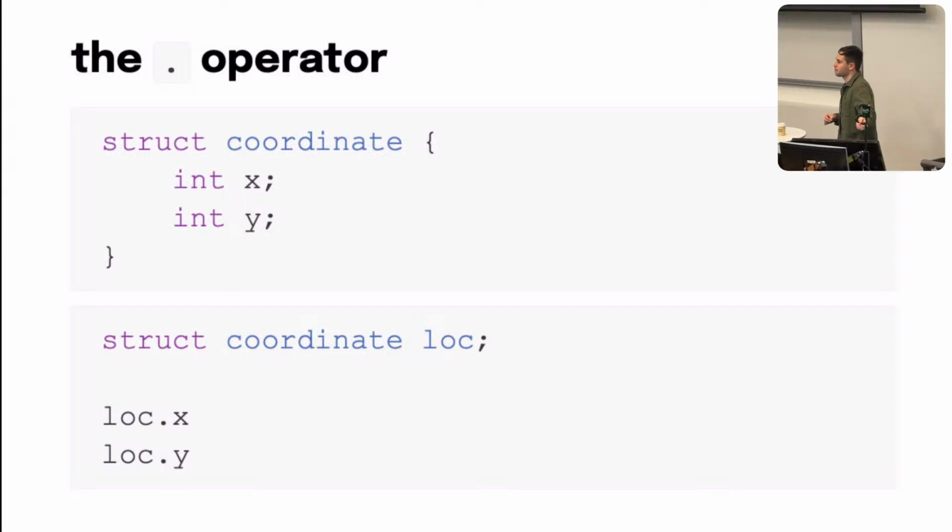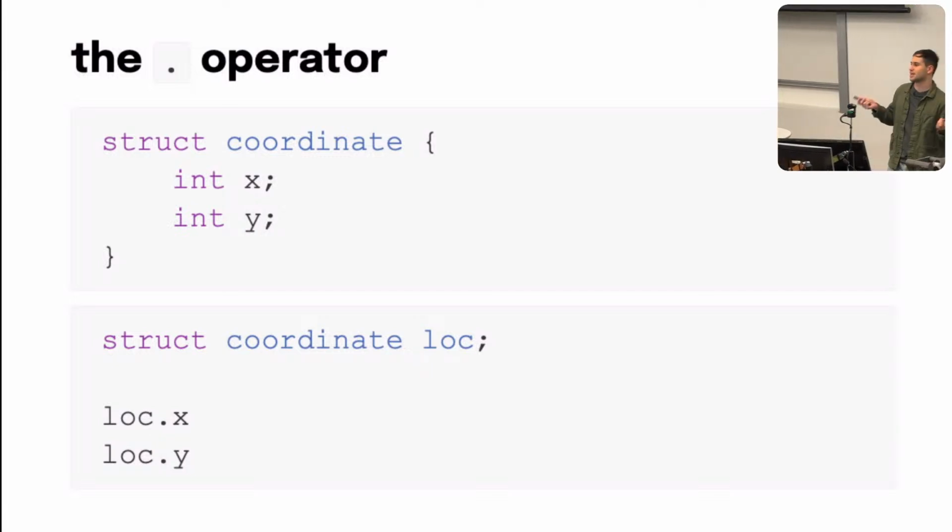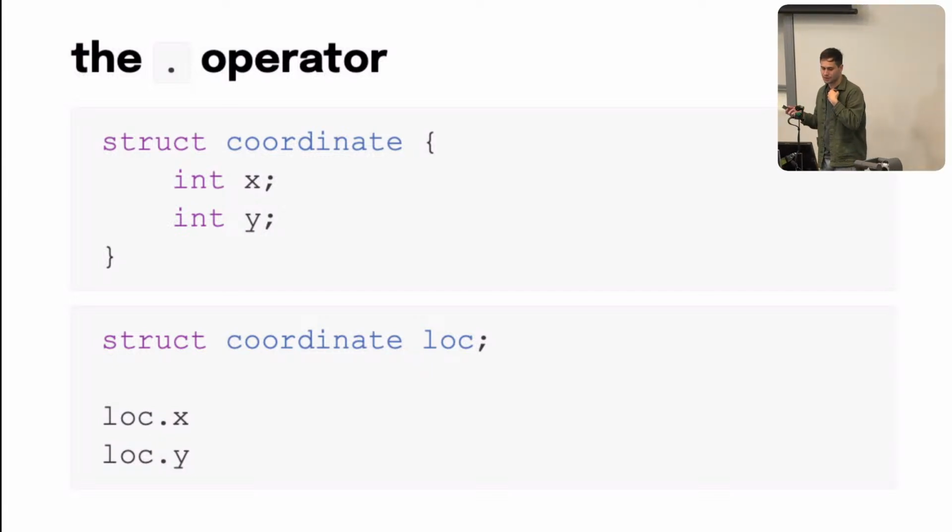Here's another example of a commonly used struct called a coordinate struct. A coordinate struct is how we represent a 2D position on a grid, so X and Y coordinates. The name of the struct is Coordinate, and the 2 fields are X and Y, which are integers.